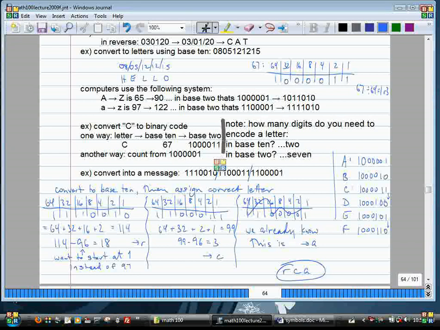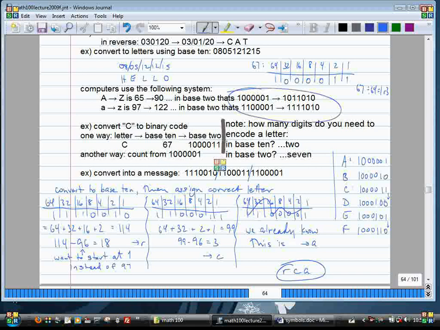Because what are our codes for letters? Again, this is using this system, which is called ASCII. Using this system, that is what our letter codes look like. So how many digits do we need? We need 7 digits.